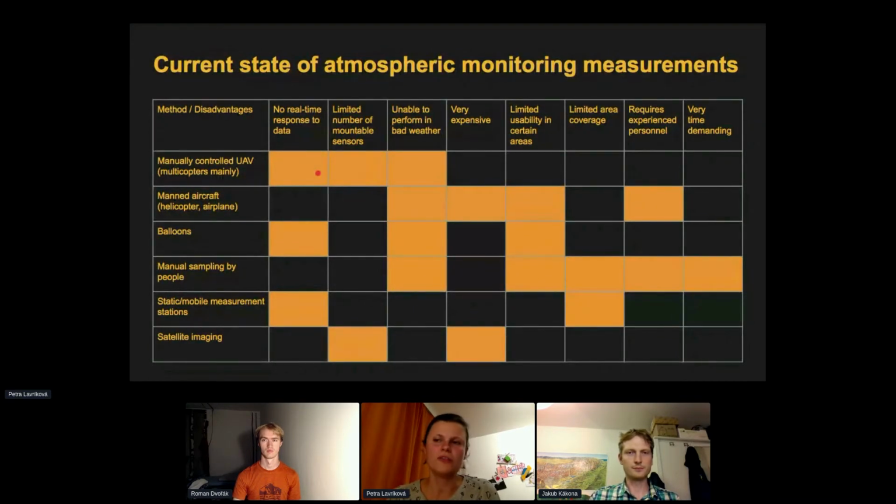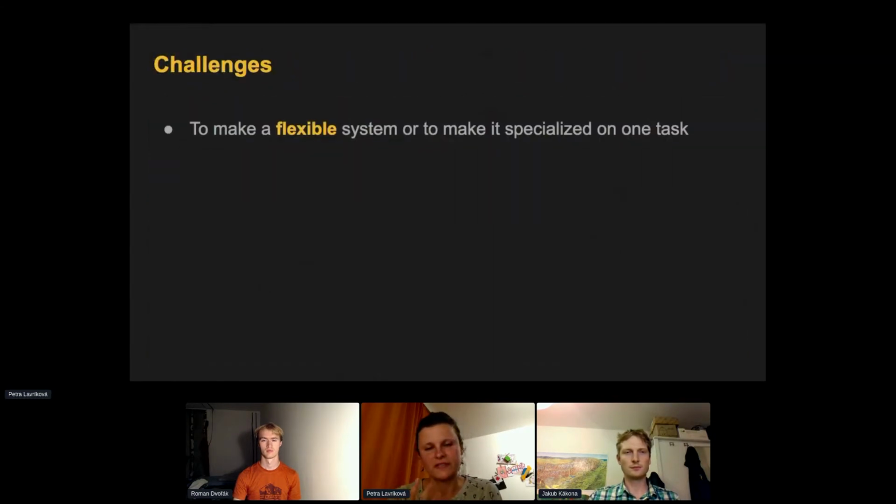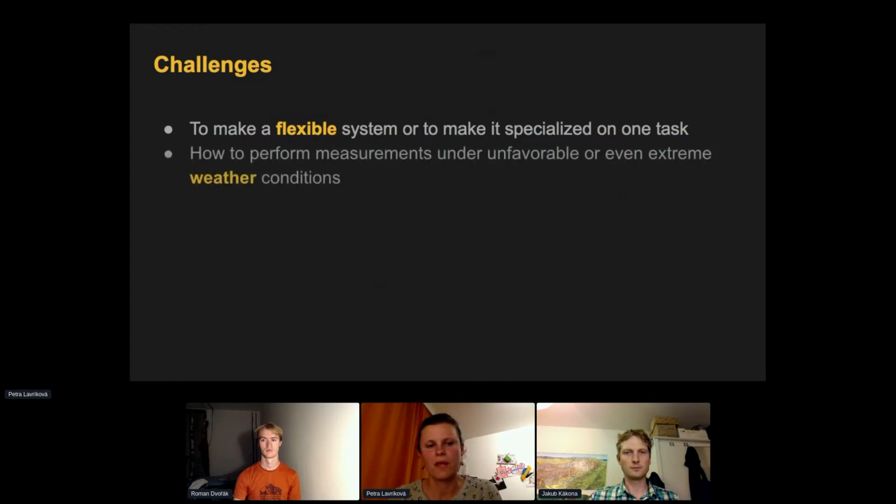So from all of these, you can see that the main challenges we're facing in this field are whether to make a system that is flexible or whether to make it specialized on one task. How to perform measurements under unfavorable or even extreme weather conditions. You can imagine, for example, thunderstorms.